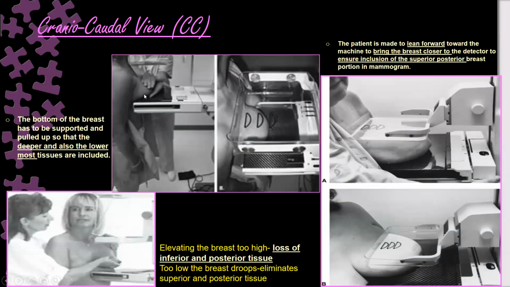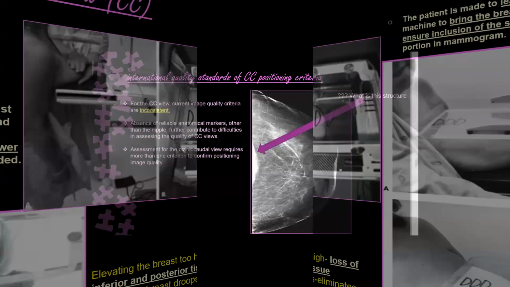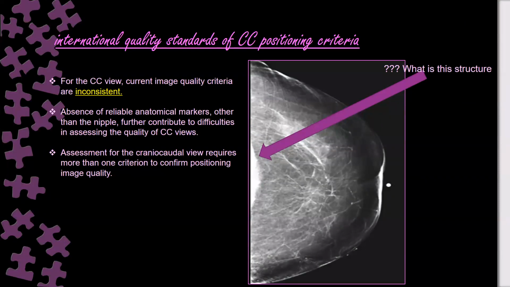And we said usually the technologist takes the breast in her hand like this, okay, to pull it forward to make sure the inferior and posterior breast is included, and it should be at the same level of the image receptor, so as not to be high or low, leading to sagging or drooping of the breast and missing some part of the breast.